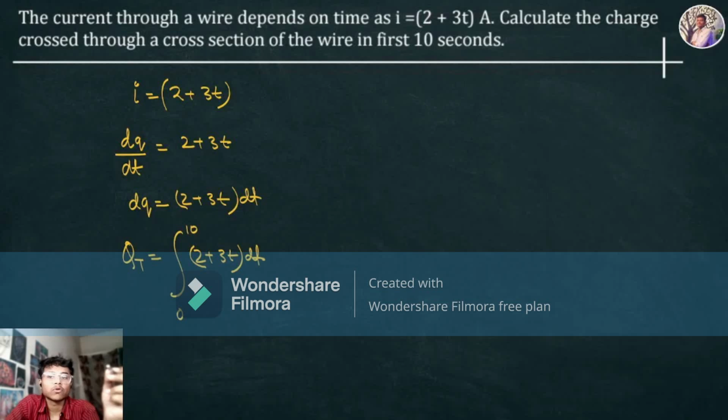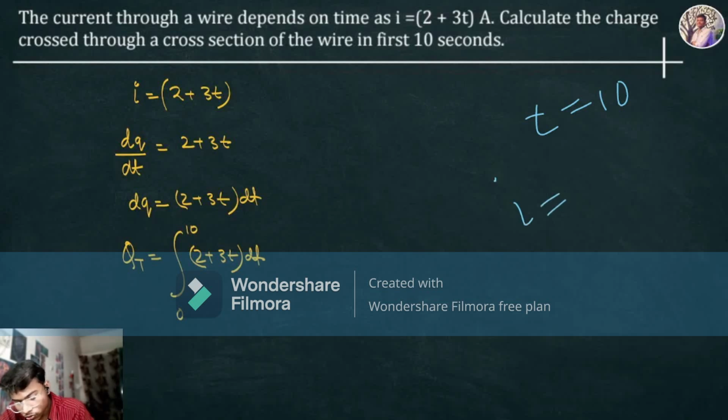We have to calculate the charge crossing the cross section area of the wire in the first 10 seconds. We are given t equal to 10, and I is equal to 2 plus 3t. We know I is equal to dq by dt, so to find q we integrate the current with dt.